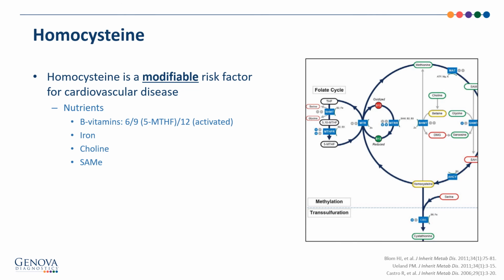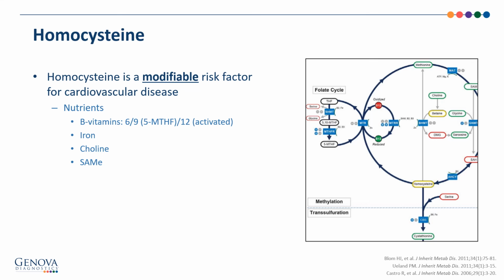So there's many nutrients that we can use to help normalize homocysteine as well as SAH, such as your B vitamins, especially B3, to help convert SAH into homocysteine. We think about supporting the folate cycle using B2, B3, as well as B9 and B12.